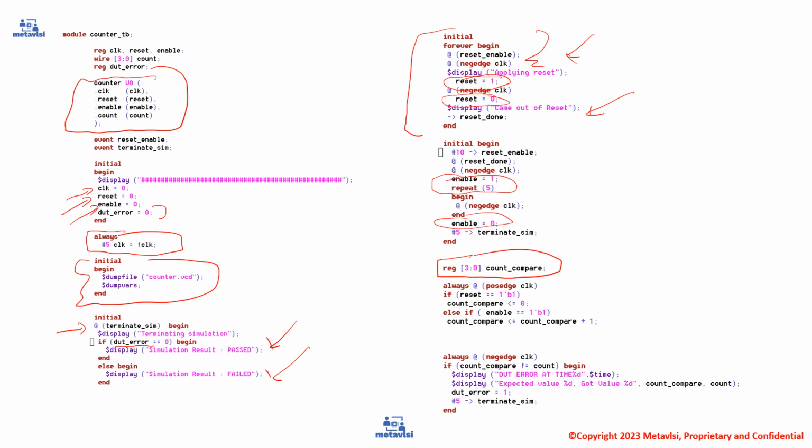So we have created a count_compare. This is what we are expecting our count value to be. Think of it this way: typically, the person who writes the test bench or does the verification will be a different person than the one who has written the RTL code, and they both will be reading the spec and creating their code accordingly. The RTL engineer reads the spec and creates their code, and the verification engineer creates their test bench code, but both are going by their interpretation of the spec.